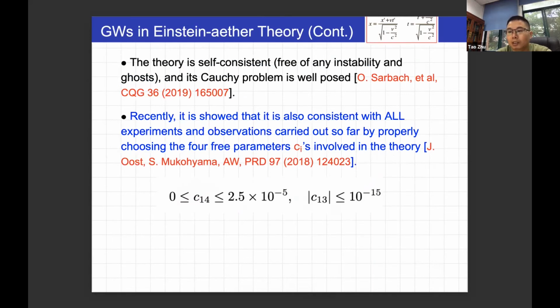Recently, it is also shown that this server is consistent with all experiments and observations carried out so far. As you can see from this paper, we can impose the server constraints on the coupling constants of the Einstein ether server.